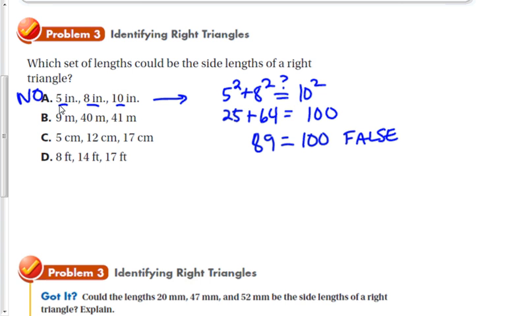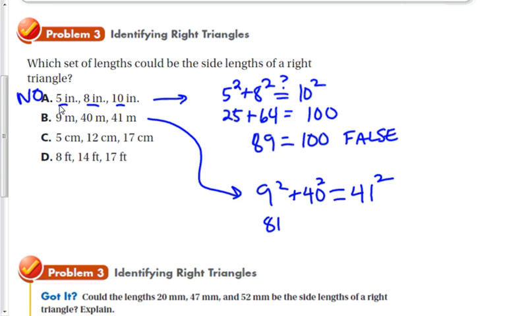Okay, the next one, B, 9 squared plus 40 squared would have to equal 41 squared. And 9 squared is 81, 40 squared is 1600, and for 41 squared, we can use our binomial properties to help us. We can just do 40 plus 1 squared.